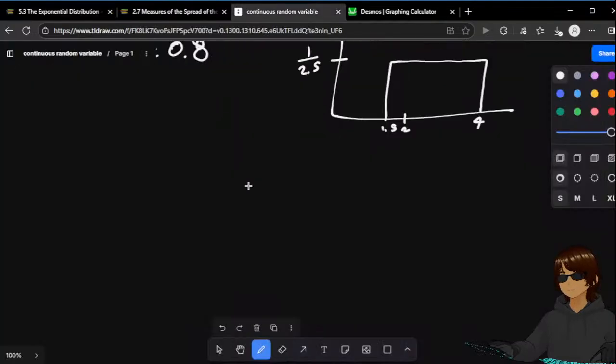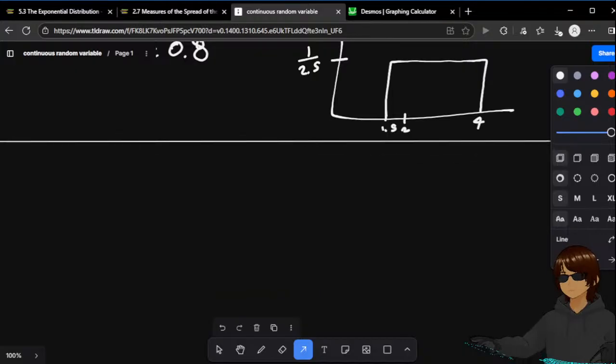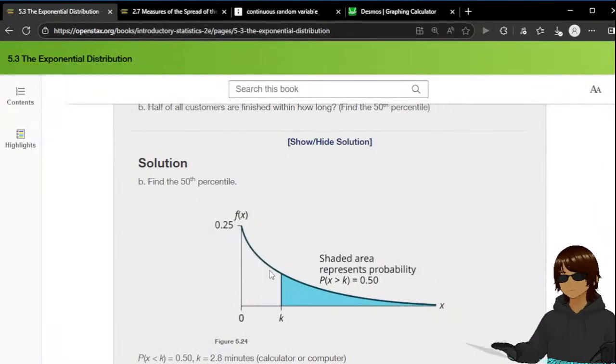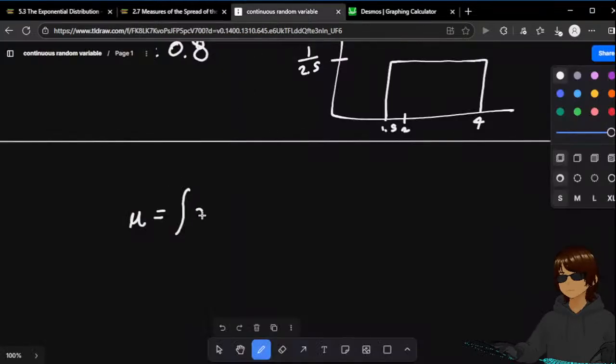The mean mu is just, you have the probability density function, and the area gives the probability. So x times height times width.